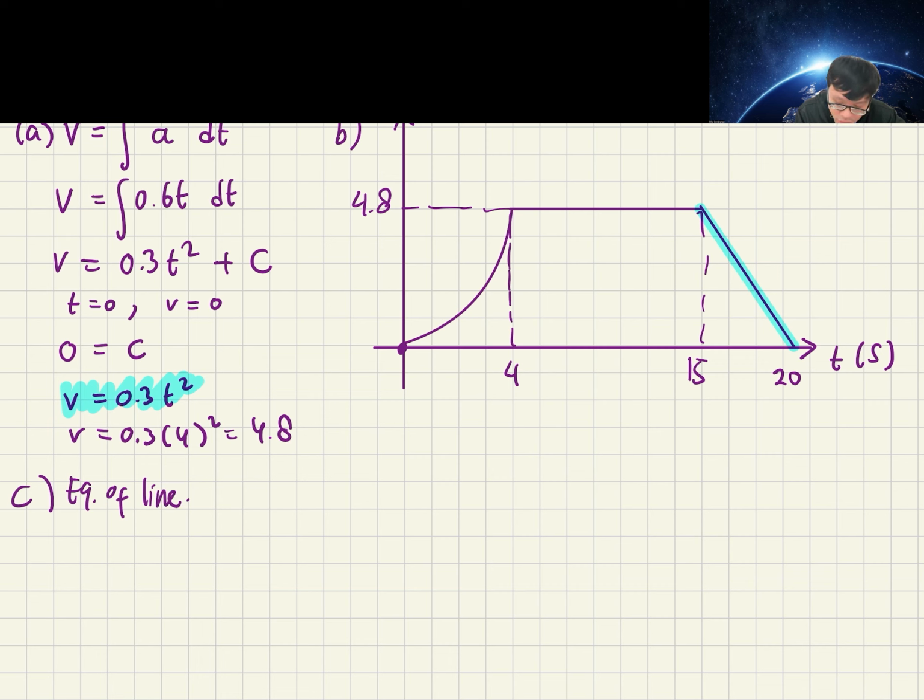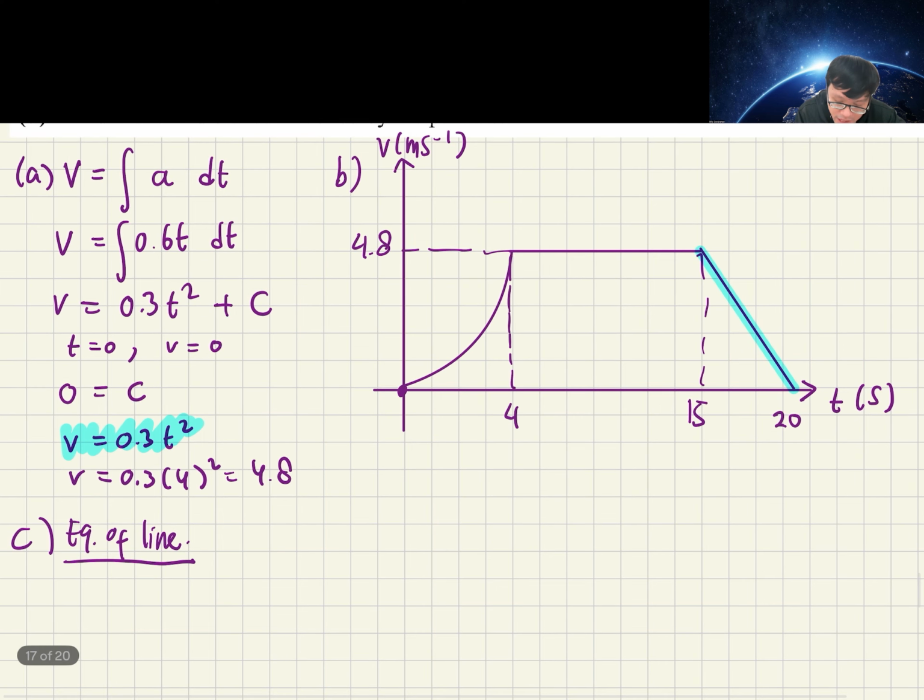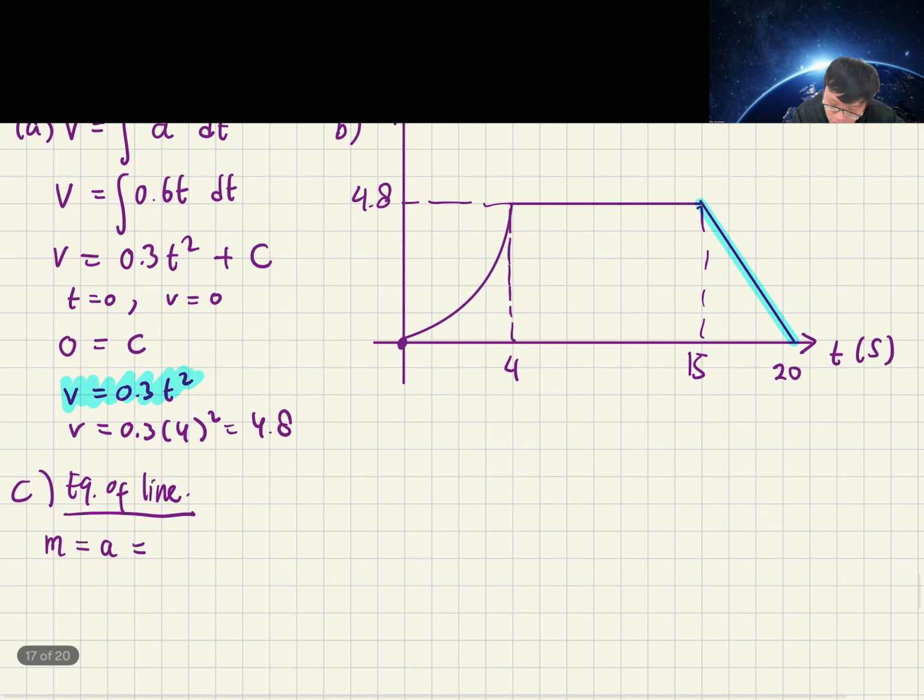To find the equation of that line, first we find the gradient, and in this case, the gradient for the velocity-time graph is acceleration. So just calculate the gradient. This one is (15, 4.8). This is (20, 0). So the gradient will be minus 4.8 divided by 5. You will get minus 0.96 meters per second squared.